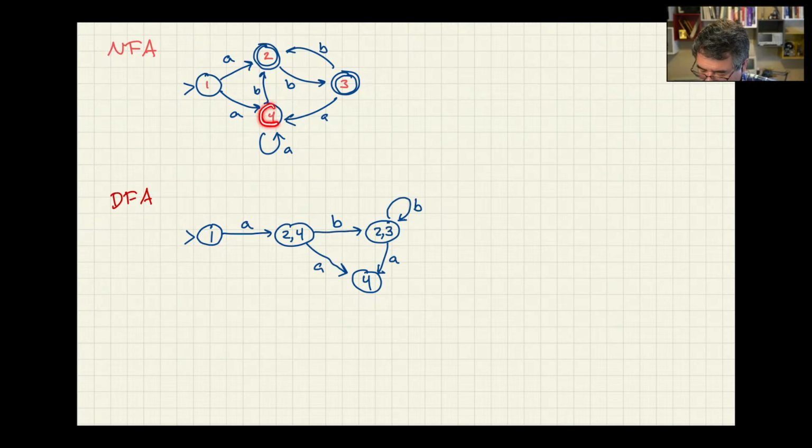And then from 4, I see a B and an A. The B takes us back to 2. So actually a new state. The B takes us to only 2.